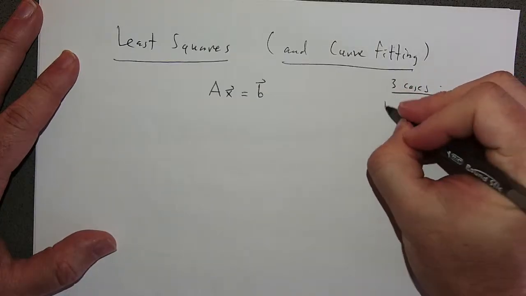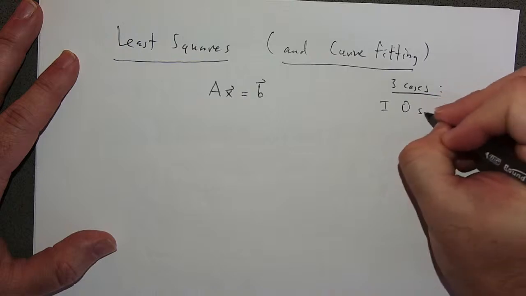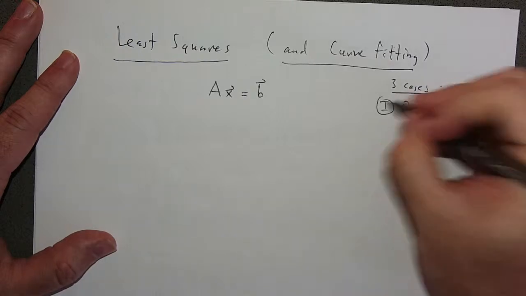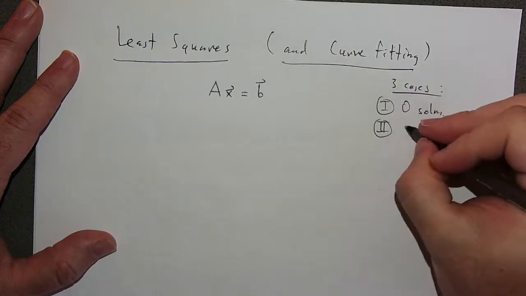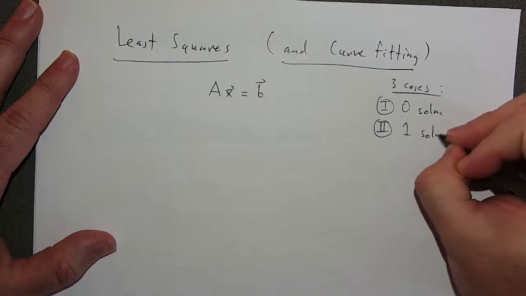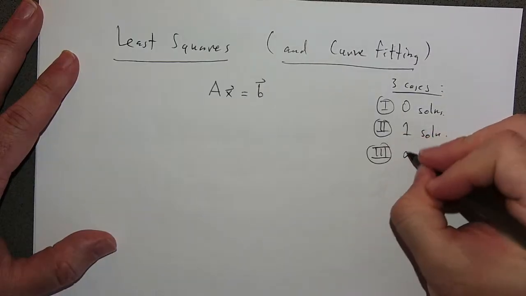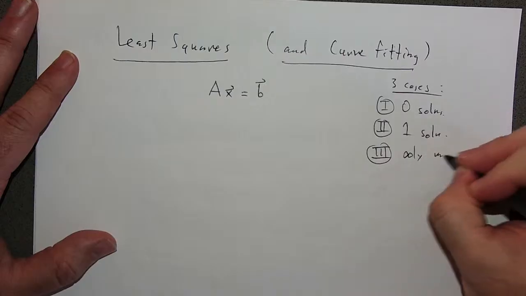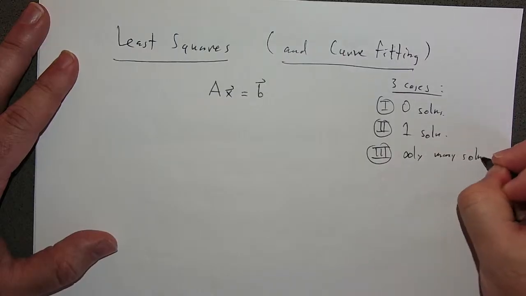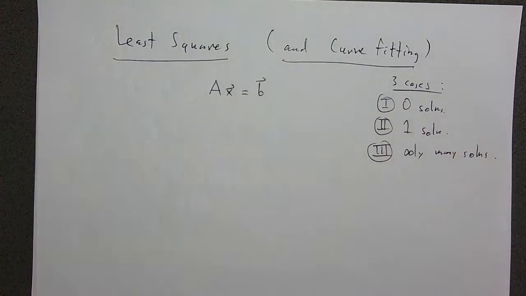We could have zero solutions. We could have one solution that's unique. We could have infinitely many solutions. Those are the three cases.